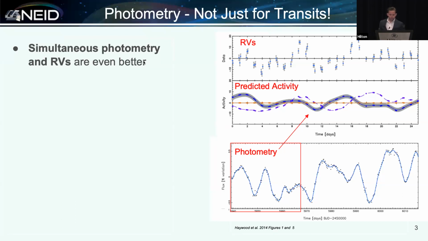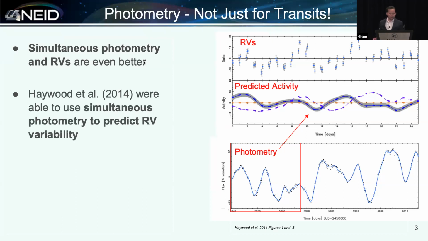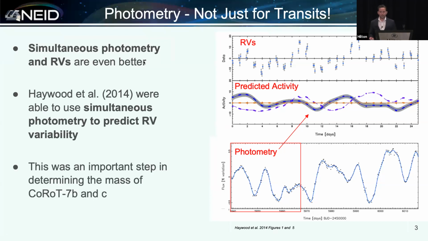And what's particularly interesting here is that they were able to take this region of photometry that was simultaneous with RVs, and they were able to create a sort of predictive activity model. And this was actually a really important and helpful step to eventually characterize the masses of the planets in this system, which I think is really impressive, especially considering that the stellar variability was considerably larger than the planet amplitudes, or maybe not considerably larger, but a fair bit larger.